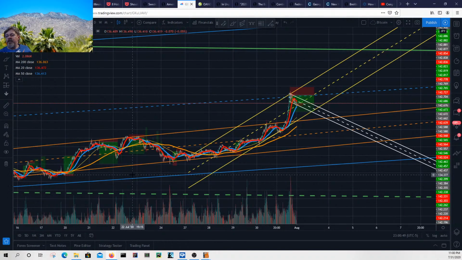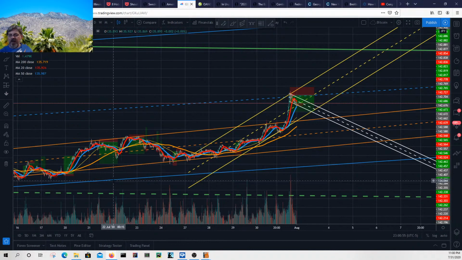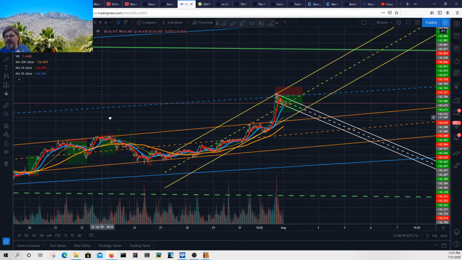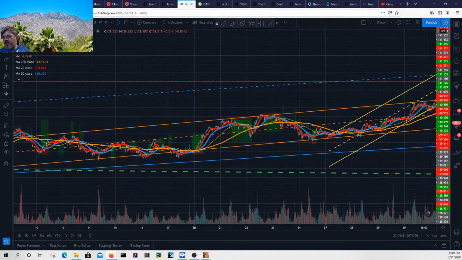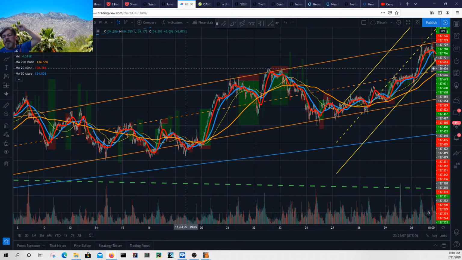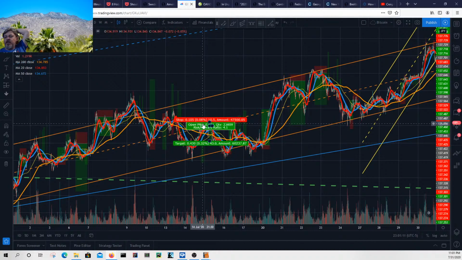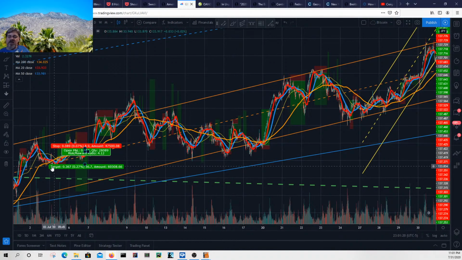Anyway, so you'll see I've got a lot of green here. In a certain case I didn't follow it all the way up, and that was probably just bad timing on my part. I might have been on my phone and didn't have access to this at that point in time. But when you make these channels, you want to see that the middle lines up at the 50% line and the middle of the price where it seems to stop.